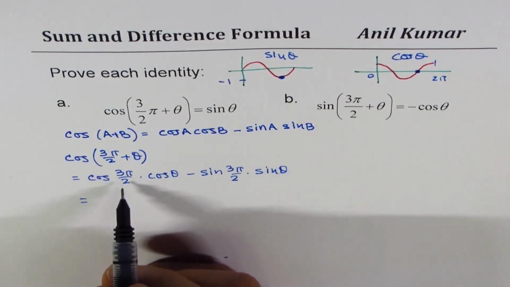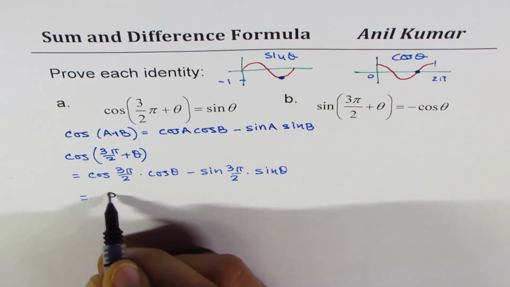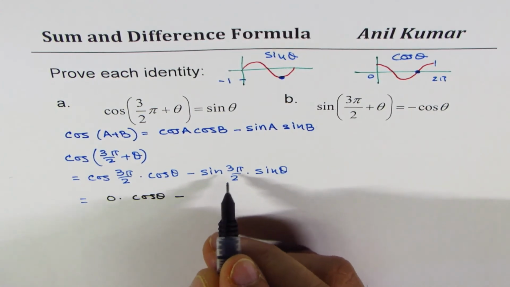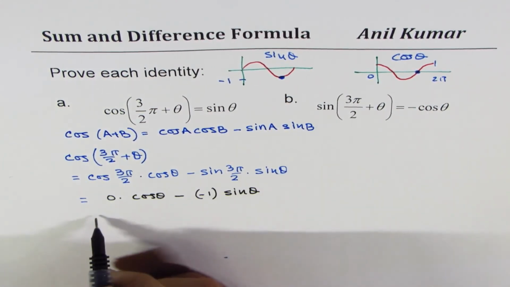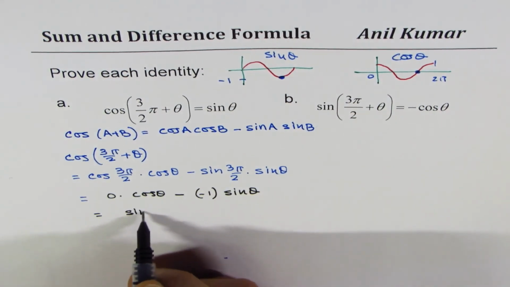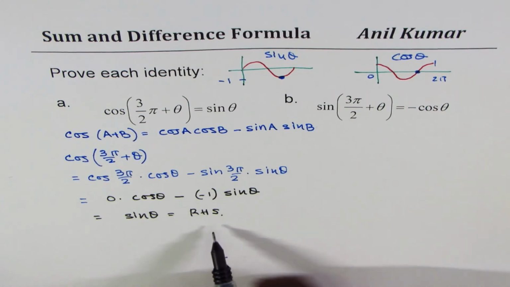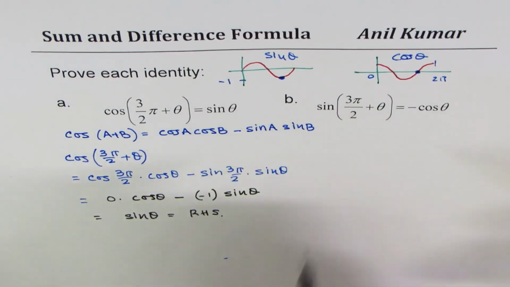So cos 3 pi by 2, as you can see, is 0. So we get 0 times cos theta minus sine 3 pi by 2, which is minus 1, times sine theta. And that gives you sine theta, which is the right hand side, right? So you can do the same thing here using the sine formula to get the result, right?